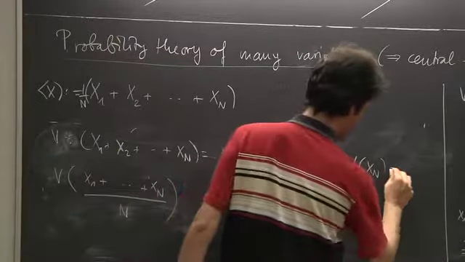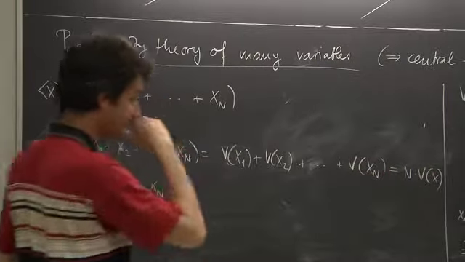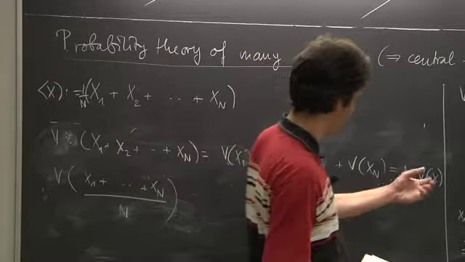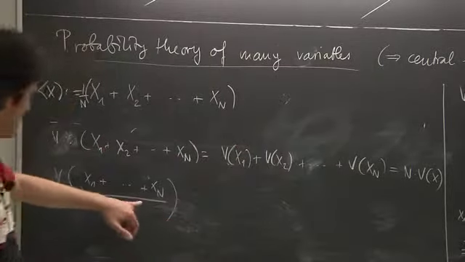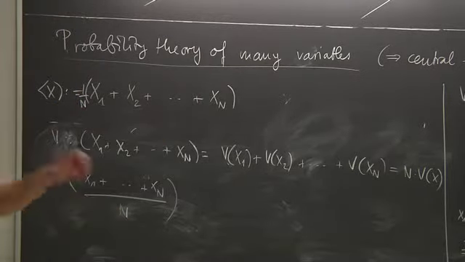This is of course n times the variance of the variable you're looking at, of which we want to characterize the distribution. So what is the variance of the same term divided by n?